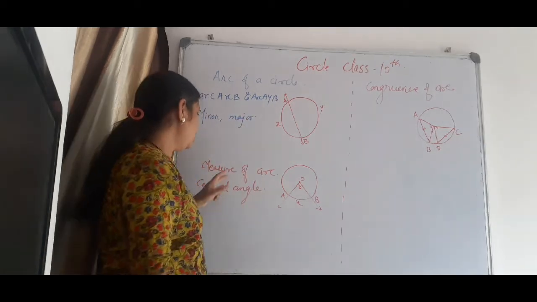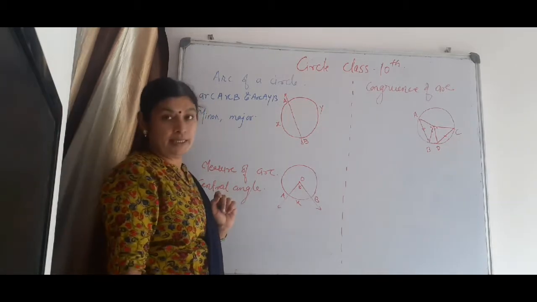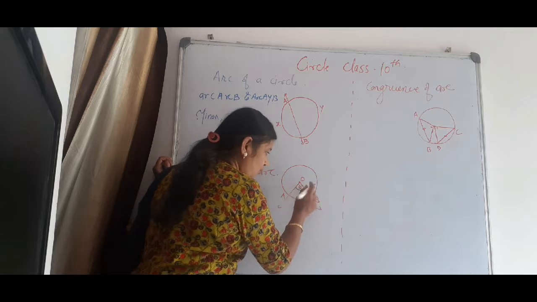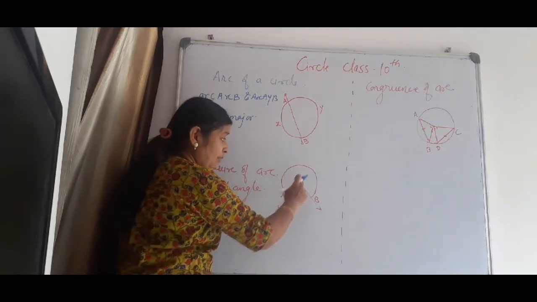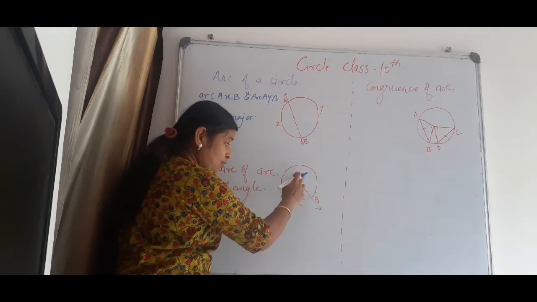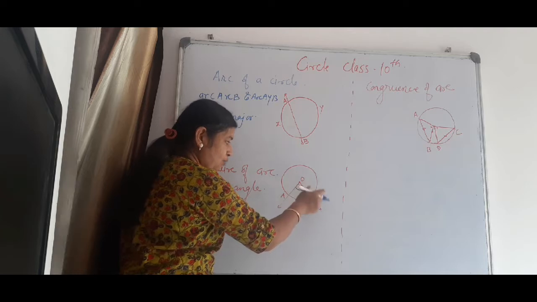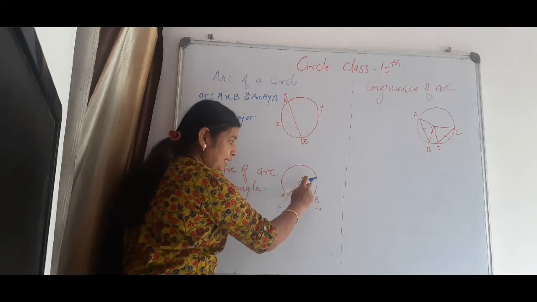Now see here, how to find the measure of an arc, and what is meant by central angle? The angle formed by the two radii OA and OB, with O as the center and vertex.